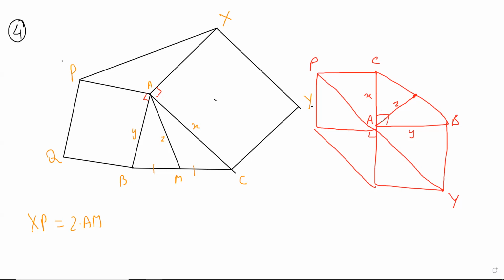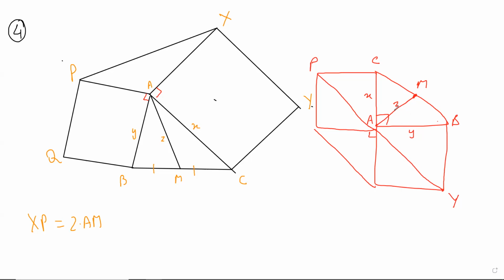Sir, in that case, we can say that the median will divide each, BM will be Z, right? BM and MC. That's correct, and then the problem becomes trivial.